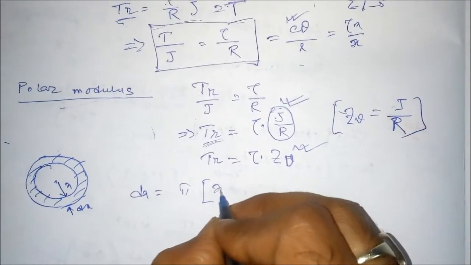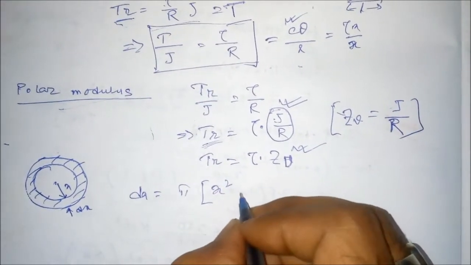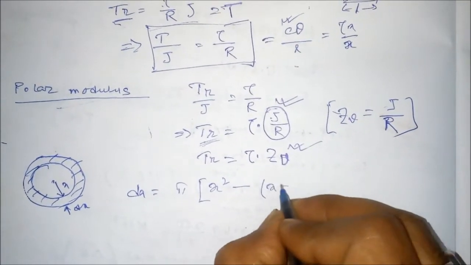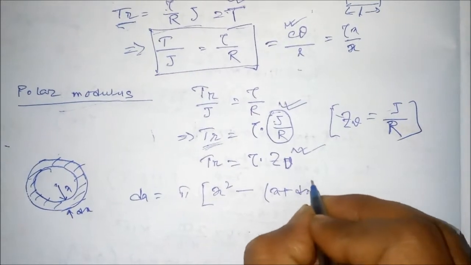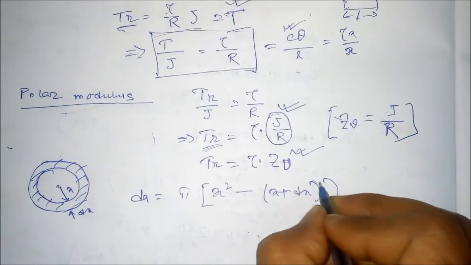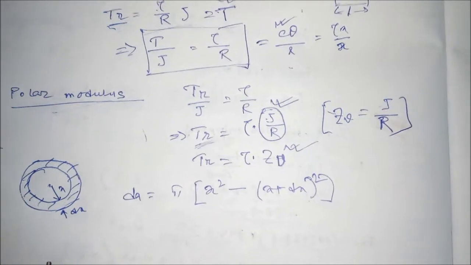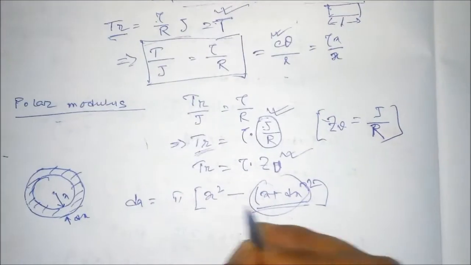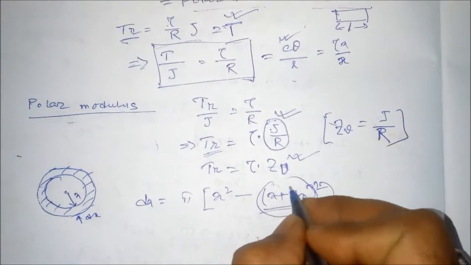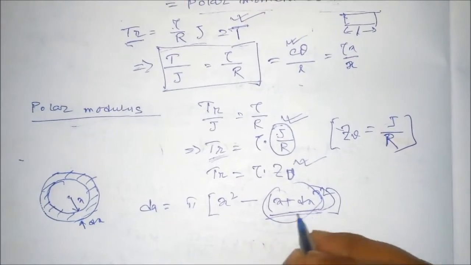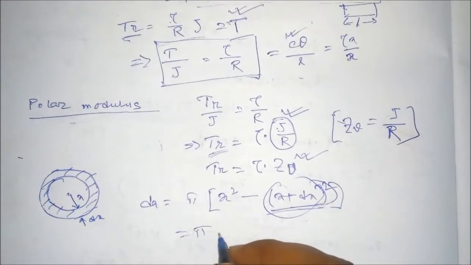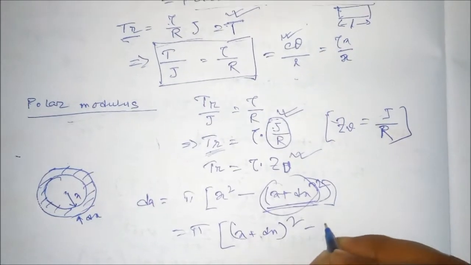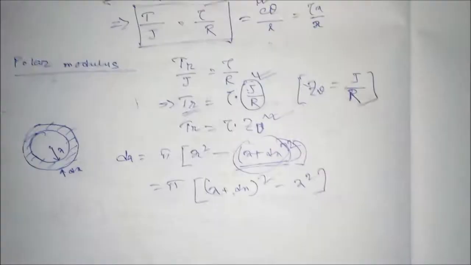So suppose we are taking x square minus... sorry, if we are taking this as the higher one, we have to write pi times (x plus dx) square minus x square; the result will be the same.